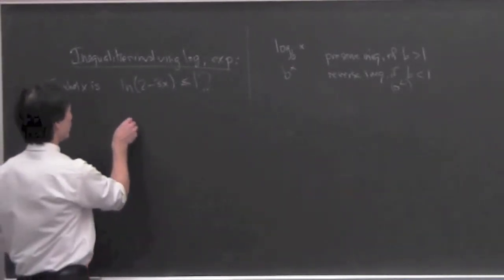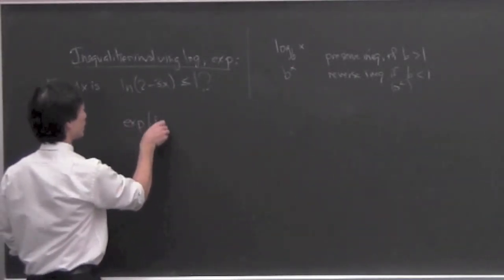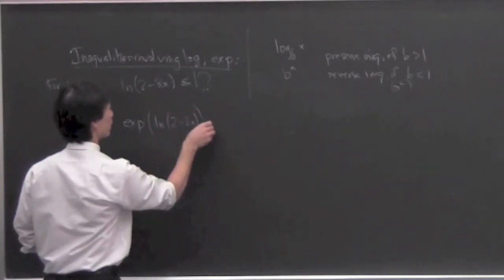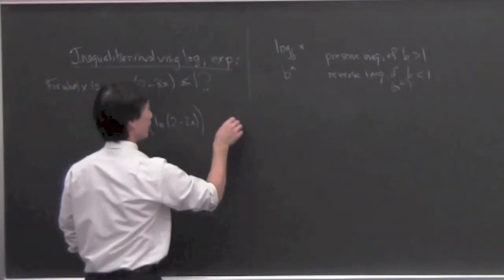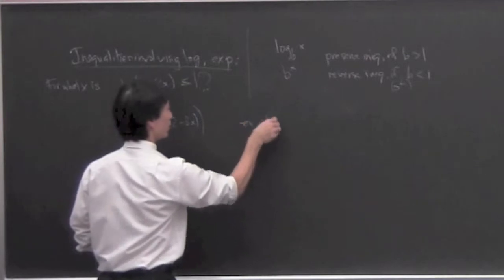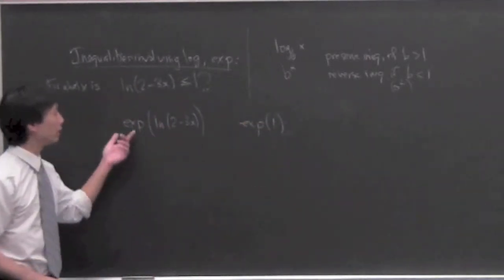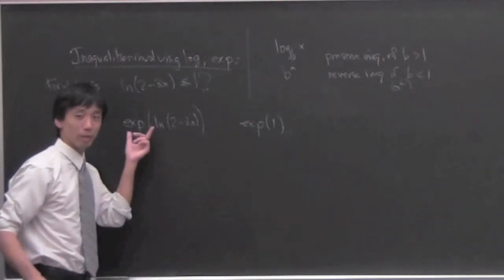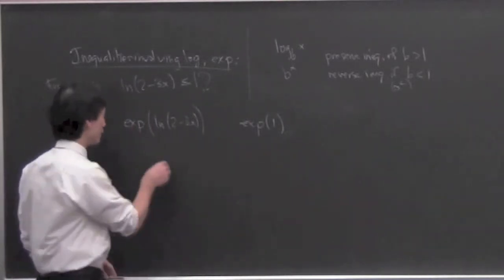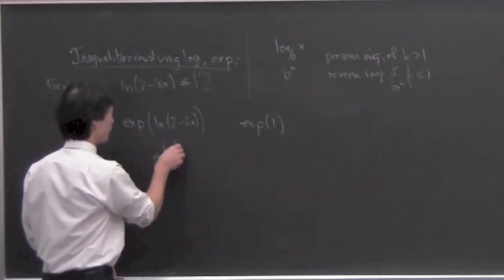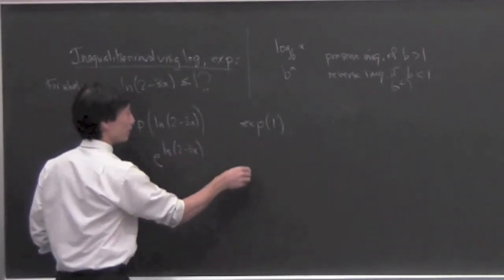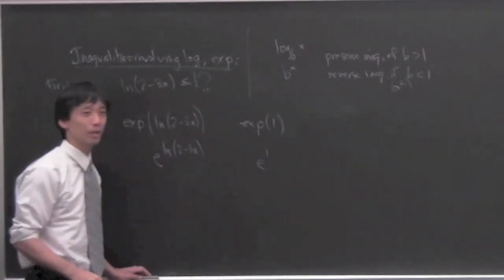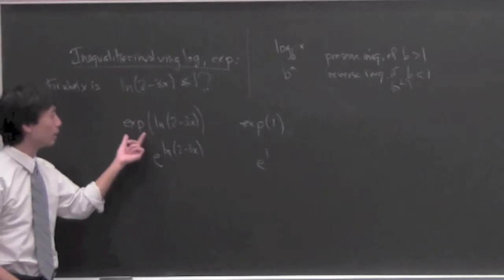So we take exp of the log of 2 minus 3x, and exp of 1 on this side. Right. We take e to the this, and e to the this. Have we used this notation before? No. Okay, we haven't. When people write exp, they mean the function.